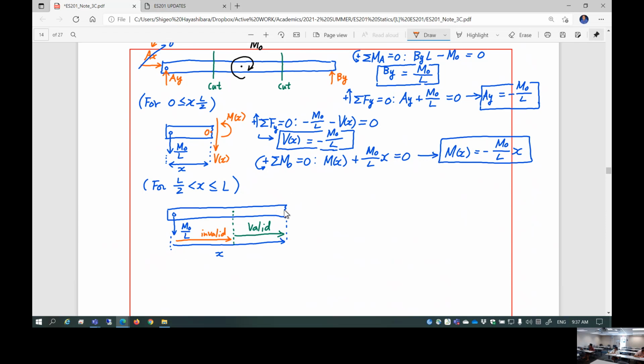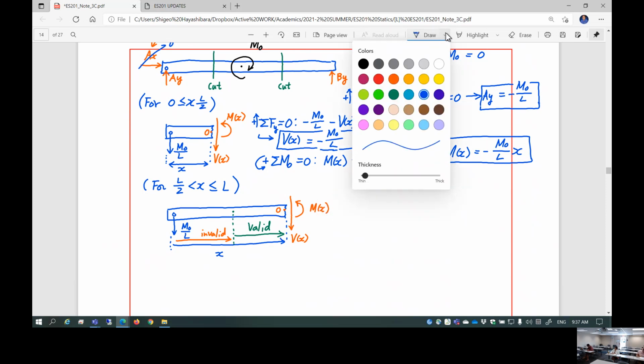So once again, this is point O. You are going to introduce internal shear as a function of X, and internal moment, also a function of X. Then you're going to do the same thing.